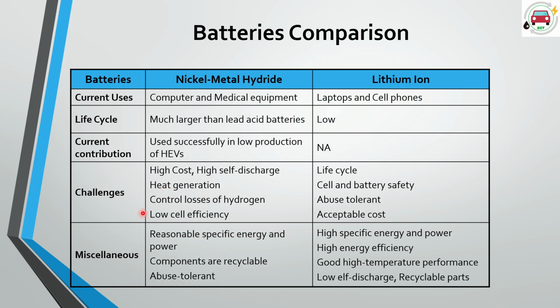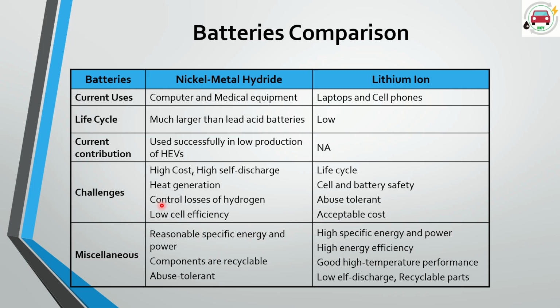Okay, so the next one is control losses of hydrogen. As we know, hydrogen is a highly explosive gas. That's why we are not using that gas everywhere, but it is also a highly efficient power source.